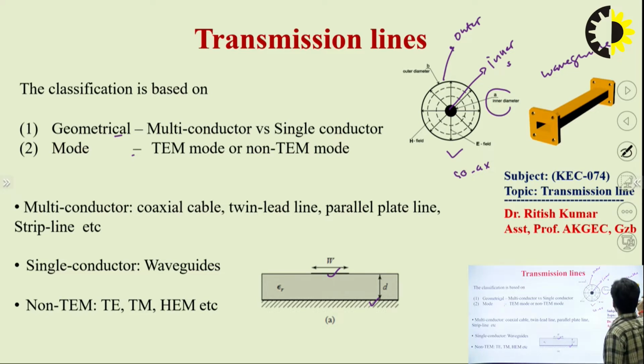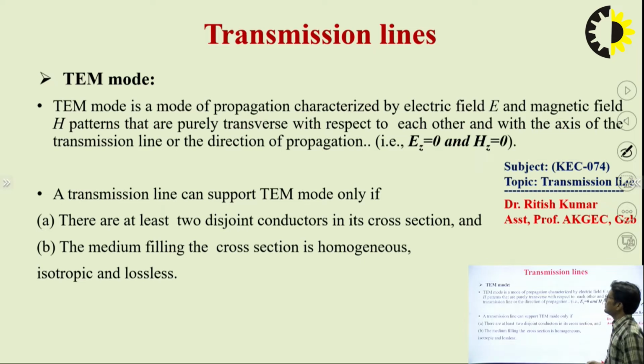In the next slides, we will discuss various kinds of mode, starting with the TEM mode. TEM mode is the transverse electromagnetic mode. The electric and magnetic fields are perpendicular to each other, and both are perpendicular to the direction of propagation. So in that case, Ez is equal to 0 and Hz is equal to 0.